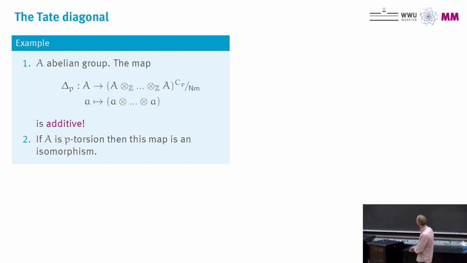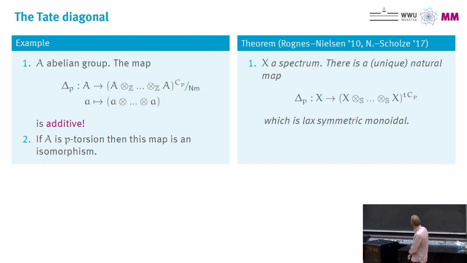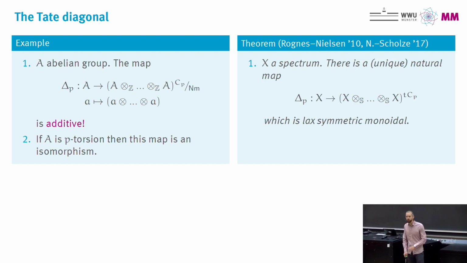Okay, good. So that is what we know in ordinary land, and here's a higher world analog. The claim is that whenever I give you a spectrum, there's a natural transformation from that spectrum to the p-fold tensor power. Now we tensor over the sphere, and then raise it to the Tate C_p. And maybe I should have said this before, the group C_p acts by cyclic permutations, of course, on the tensor factors.